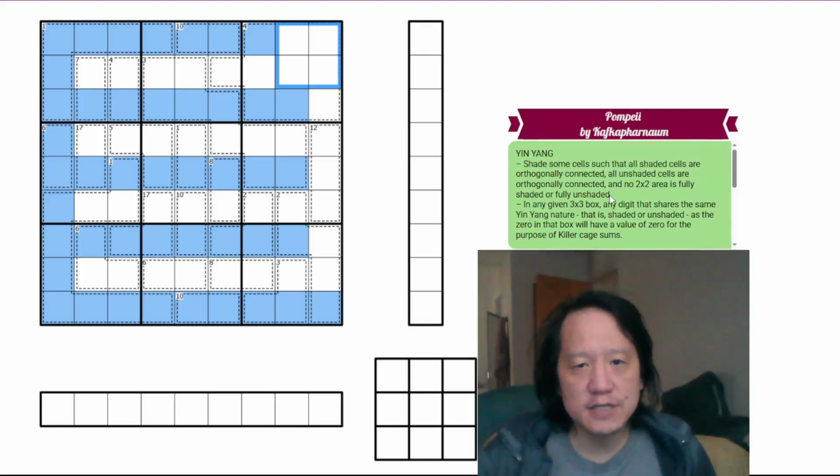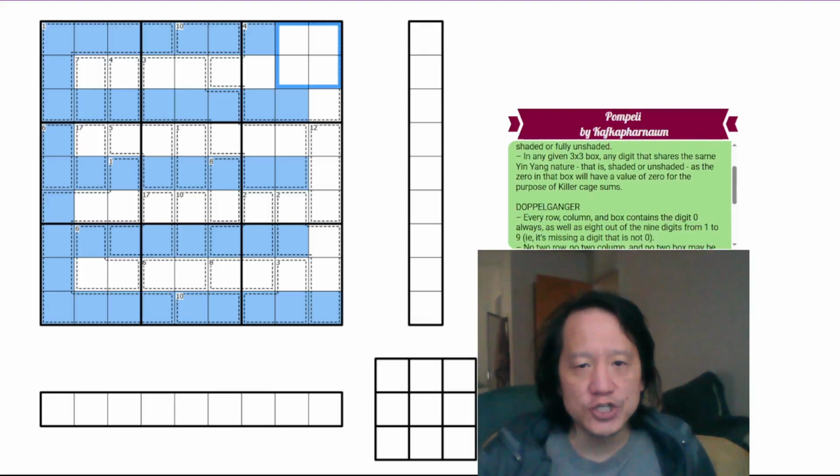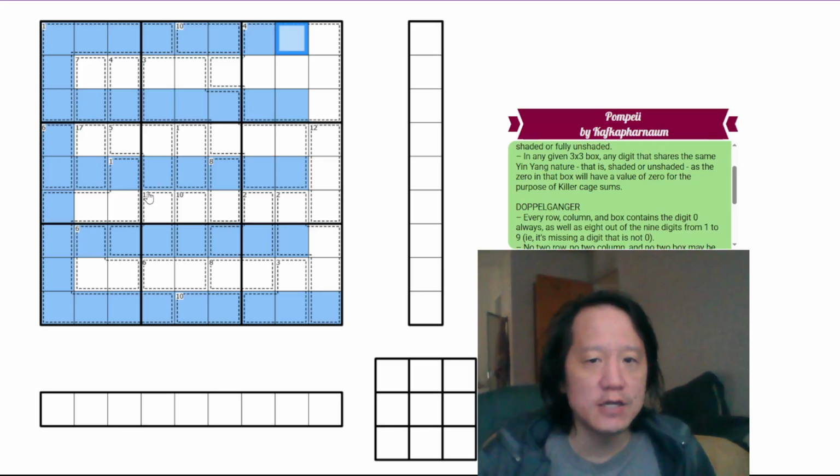So that's yin-yang shading. And in addition, in any given 3 by 3 box, any digit that shares the same yin-yang nature, that is shaded or unshaded, as the 0 in that box will have a value of 0 for the purposes of Killer Cage sums.